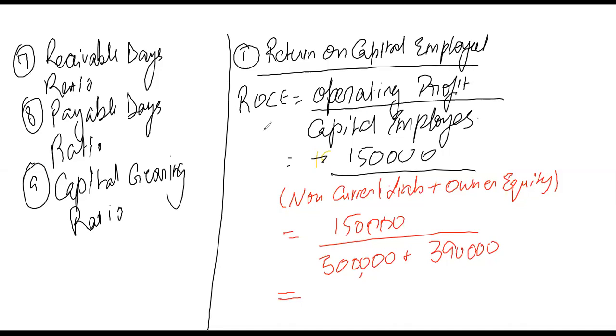If I add up 5 lakh plus 3,90,000, I'll be dividing 1,50,000 by 8,90,000. So the answer that I'll be getting is 1,50,000 divided by 8,90,000, which is 0.16, or multiplying by 100, ROCE is equal to 16%.